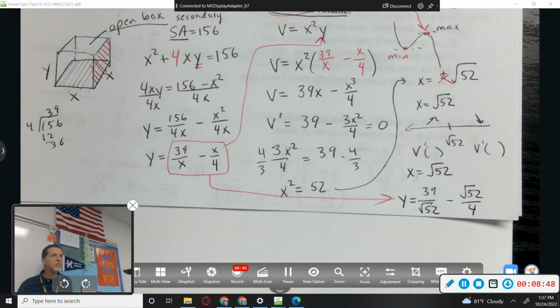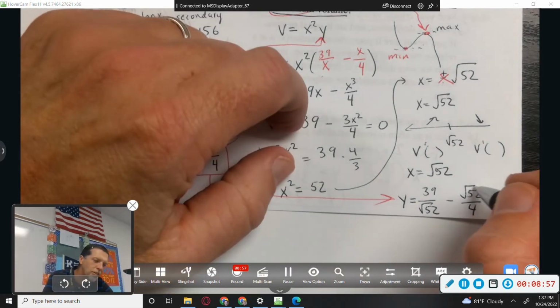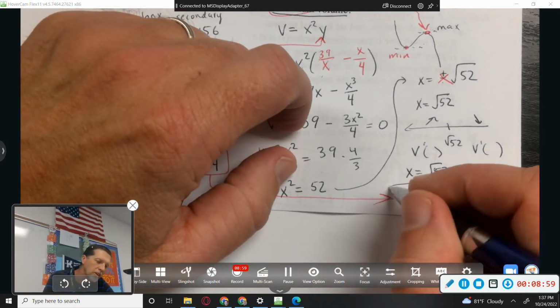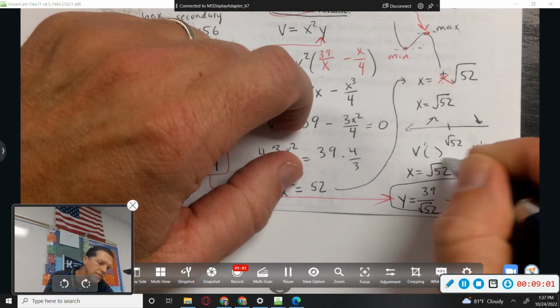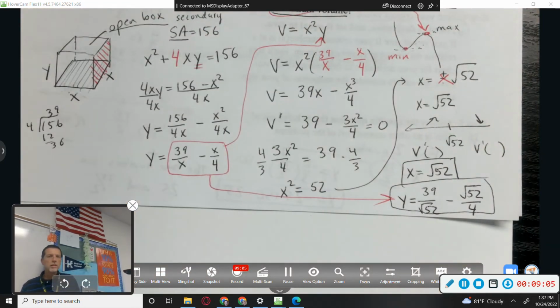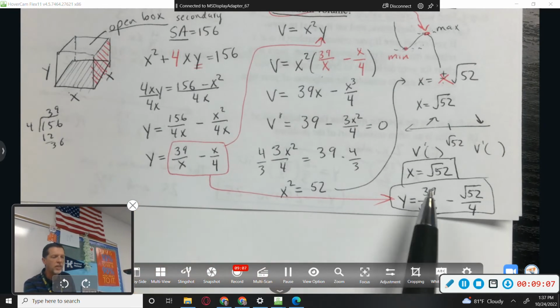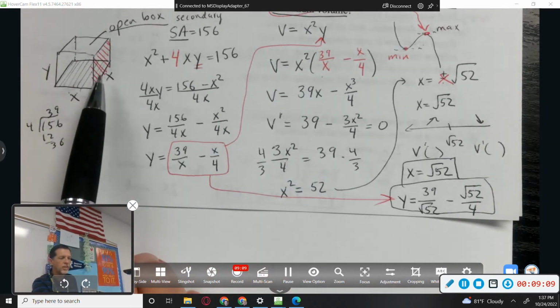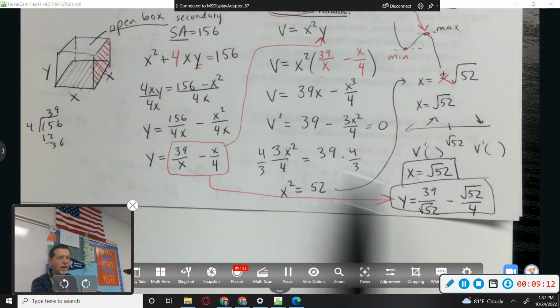Does that reduce? The proper answer is we don't care, right? I don't know. Square root of 52 has a 4 in there, so yeah, it could reduce, but we're not worried about that. So, especially with a picture, we now know that it's x by y, and we've given x and y.